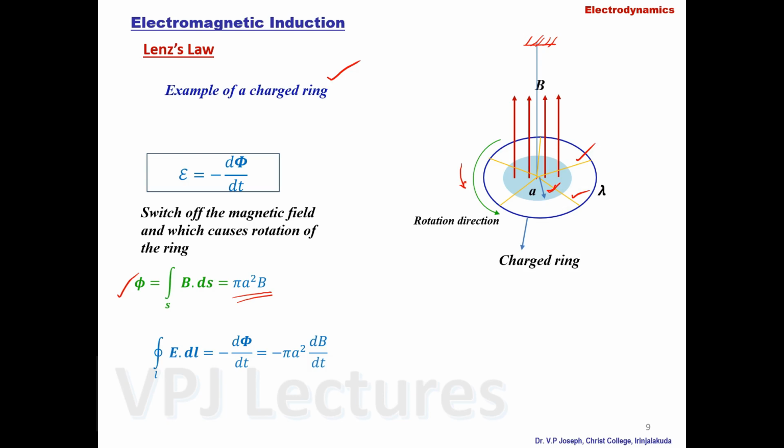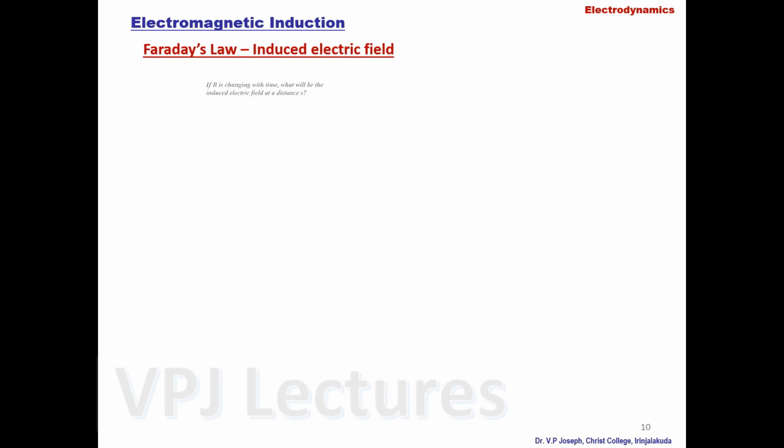We are substituting the value of the surface integral B dot ds here, that is phi equal to pi a square B, and we get the expression for the line integral as minus pi a square dB by dt. So this example also gives a demonstration of Lenz's law.